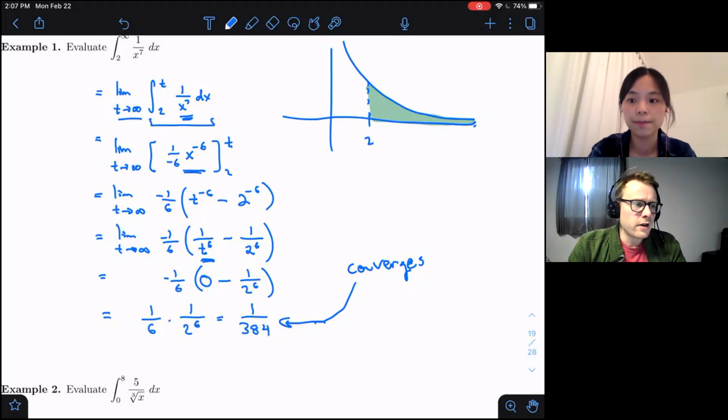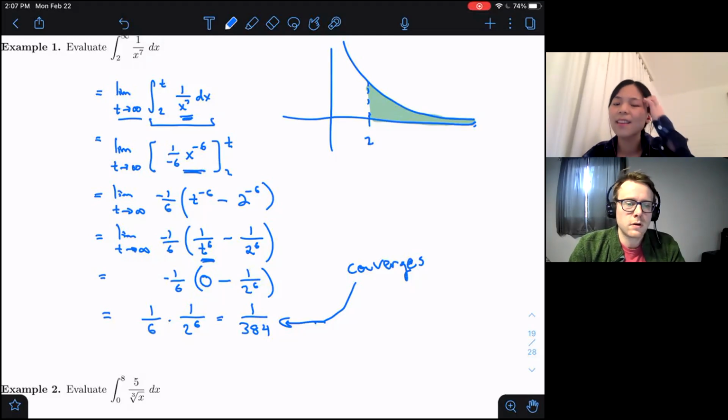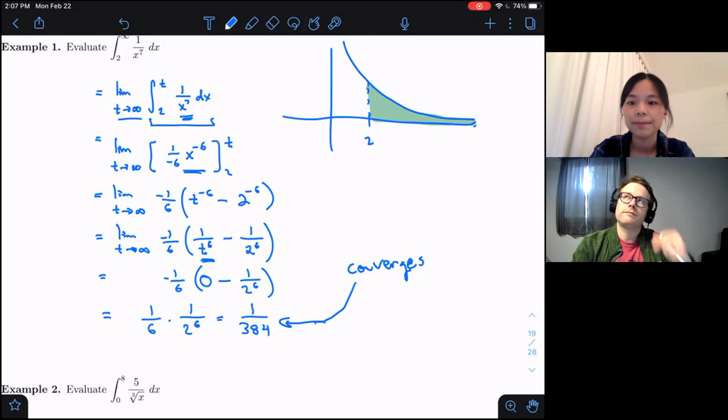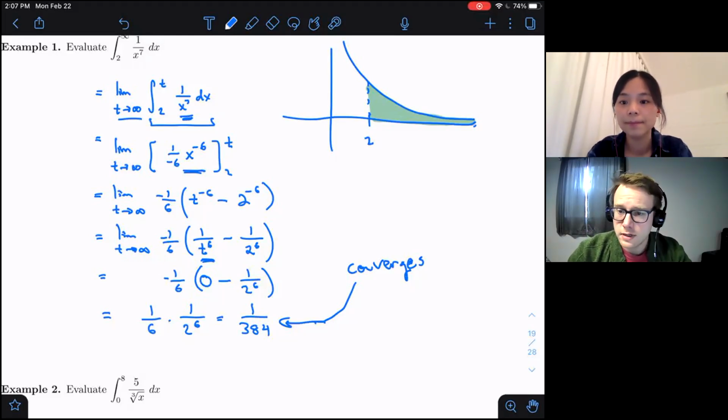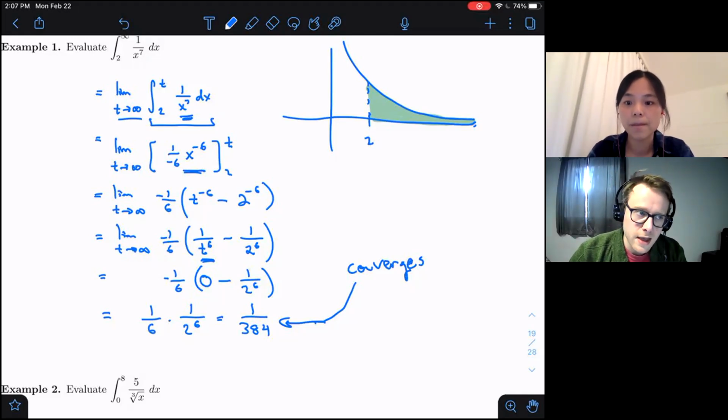Good. Any other questions? There's one asking, these are only for non-continuous equations. So that's kind of one of the inspirations for improper integrals: evaluating definite integrals over intervals on which the function is non-continuous.